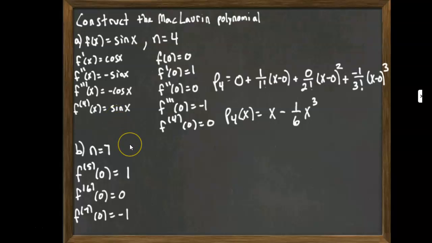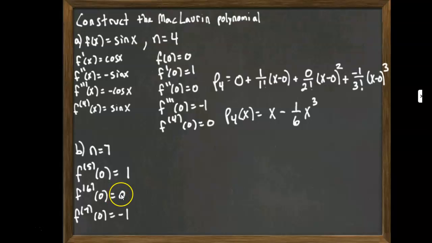And so now that we have this, let's plug this stuff in. We already have the terms up through 4, because the 4th term is 0. So the 5th term is going to be 1 divided by 5 factorial, x to the 5th, because it'll be x minus 0 to the 5th.